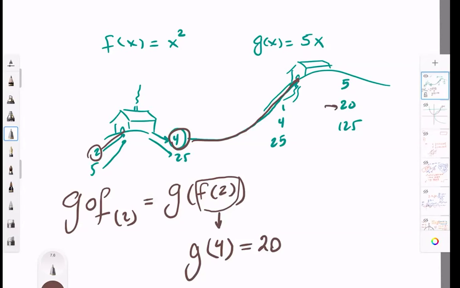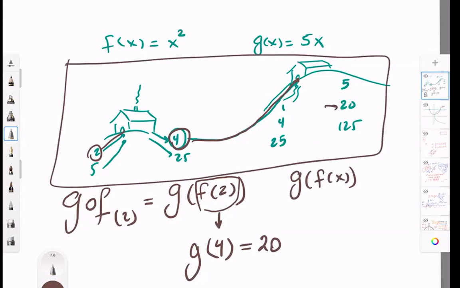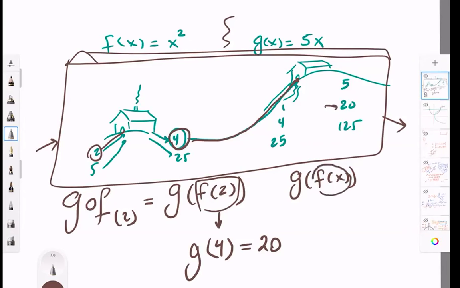Also, I could ask you guys, what is g of f of x? That means, what's happening if I put this entire thing as one factory, what's the relation here? It would be g of f of x. So if you have a number like in the earlier example, it was simple, we evaluated, we substituted. But in this example, we have f of x.